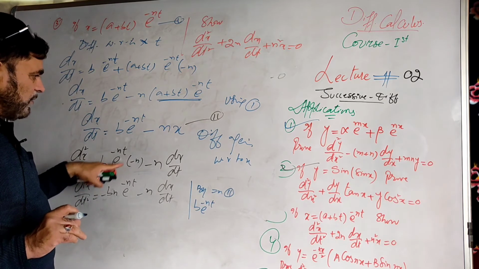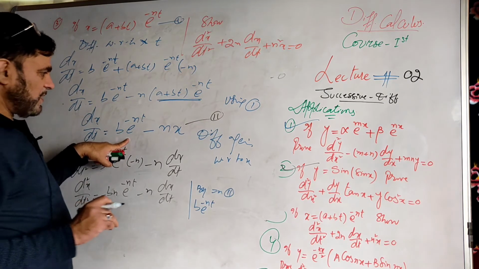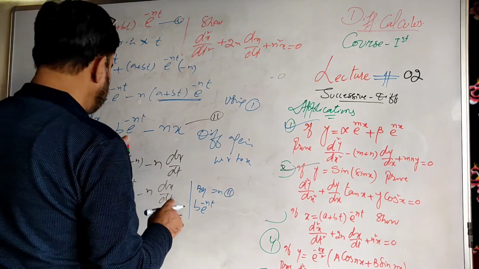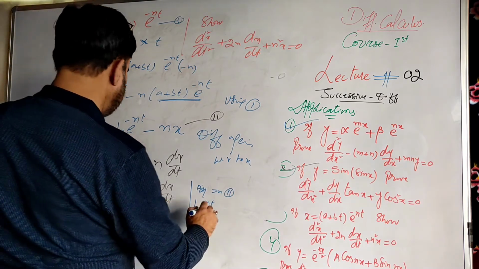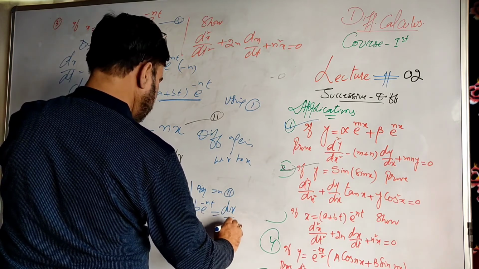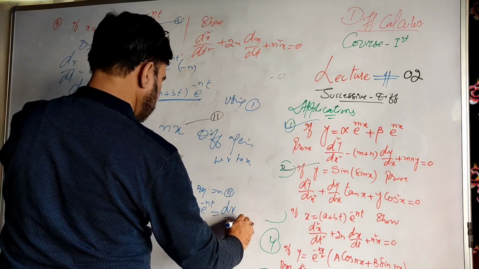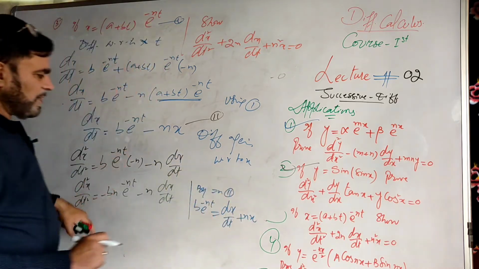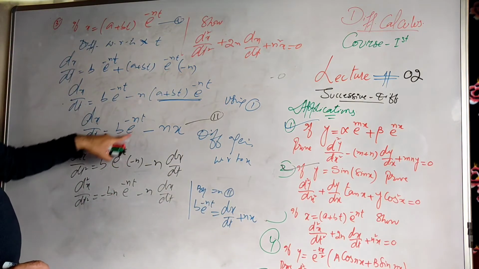I can get its value from the second equation, then use it here. I can write b e raised power minus nt is equal to dx by dt plus nx. Be cautious. I am getting b e raised power minus nt from this.